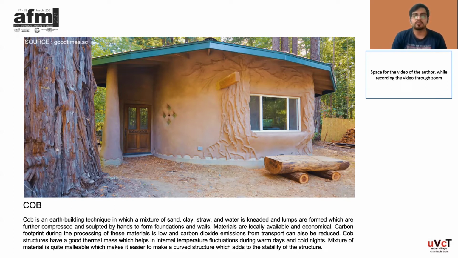Cob structures have a good thermal mass, which helps with internal temperature fluctuations during warm days and cold nights. The mixture of materials is quite malleable, which makes it easier to make a curved structure, which adds to the sustainability of the structure. Let's move to the next slide.